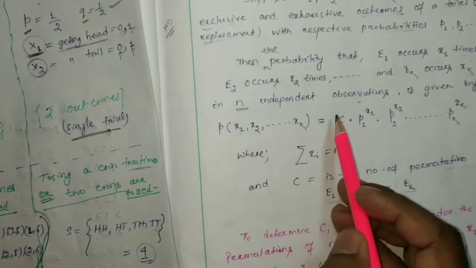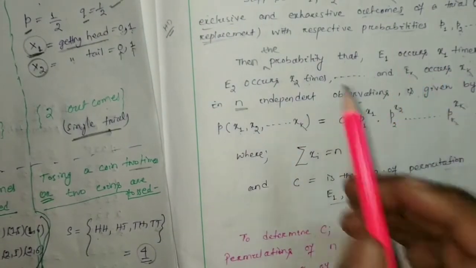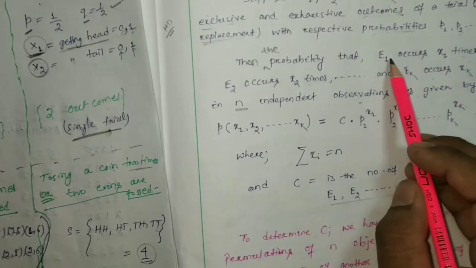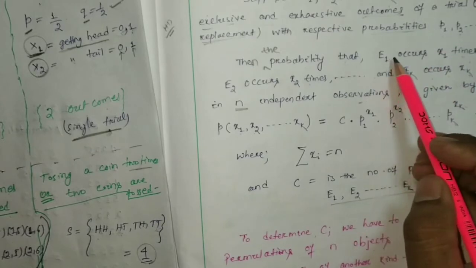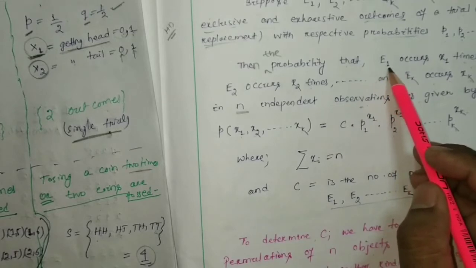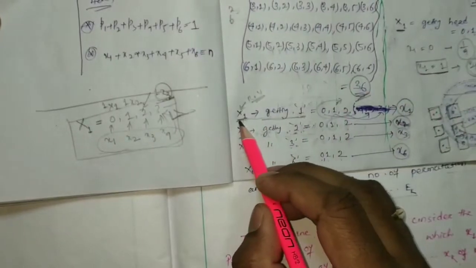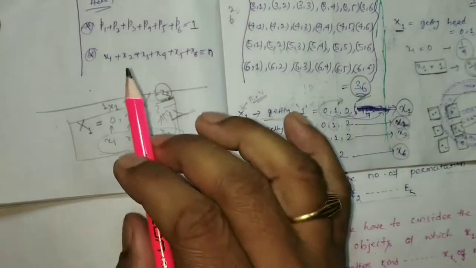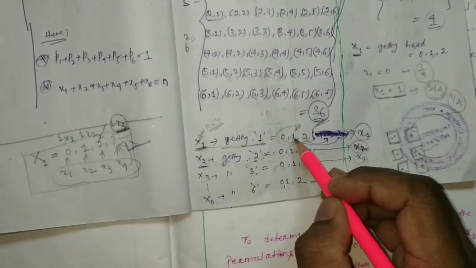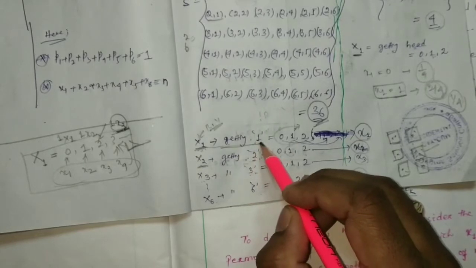So just remember that this x1 represents how many times we intend to find this outcome, e1 or random variable x1. For this question we want 1, that means 1 time 1 I want to find out.